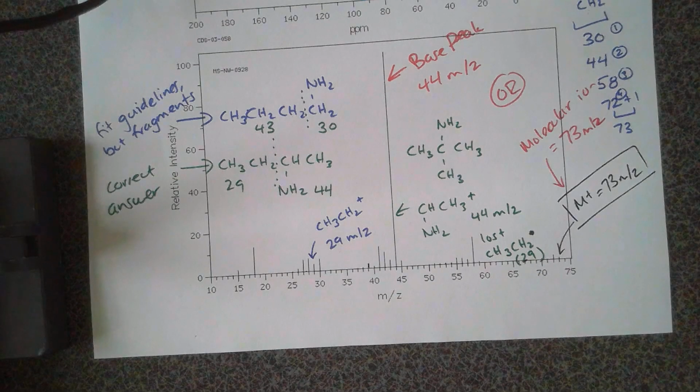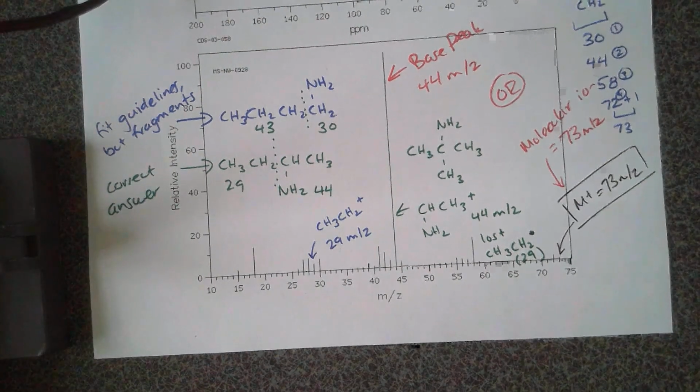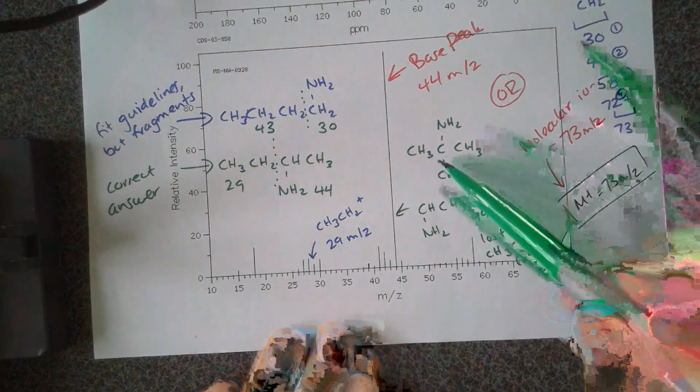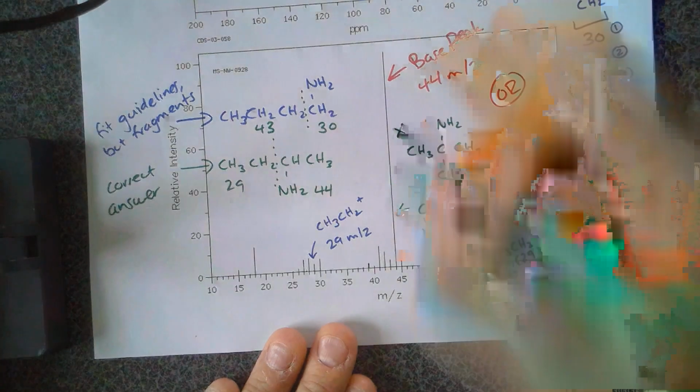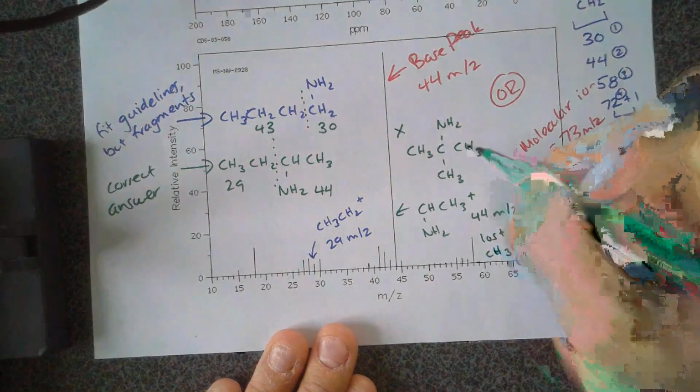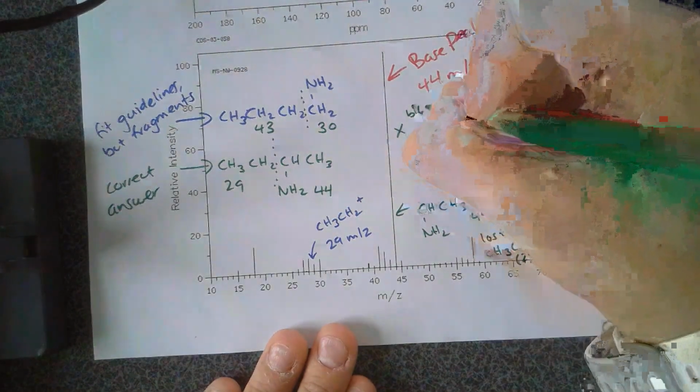All right, so for the excellence, you need to get the right molecule. That's a given. And you're doing that based off the fragment patterns. The other thing I need to see for the excellence is that process of elimination. So a merit level student will just give me the answer. An excellence level student will tell me what it's not. So for example, an excellence level student will tell me this one is not the correct answer because it only has 2 carbon environments.